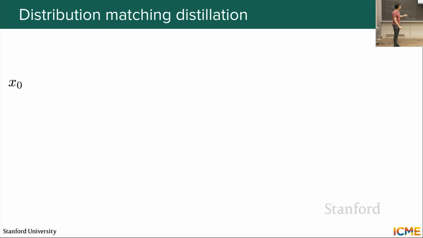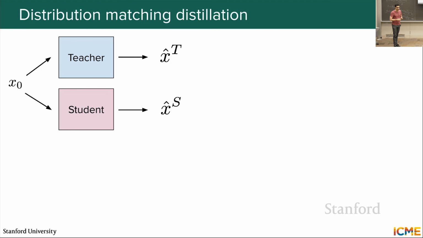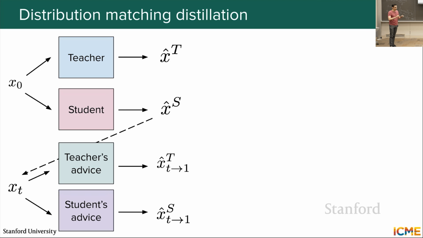And so the mindset here is to give a piece of noise to both the teacher and student model, and then based on the student output, noise it again, and ask the teacher model, and a model that looks like the student, to try to denoise it.